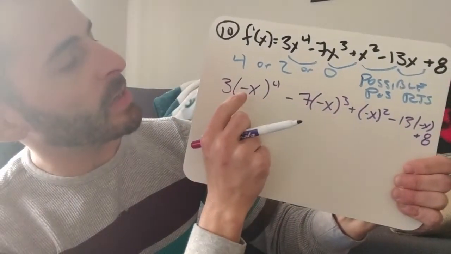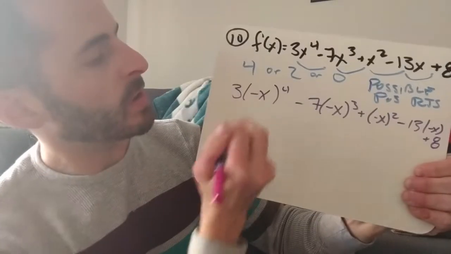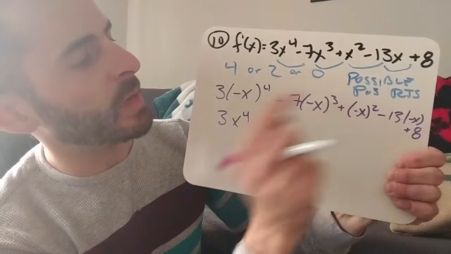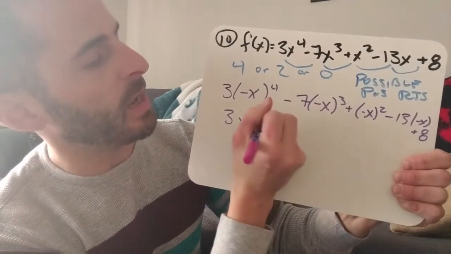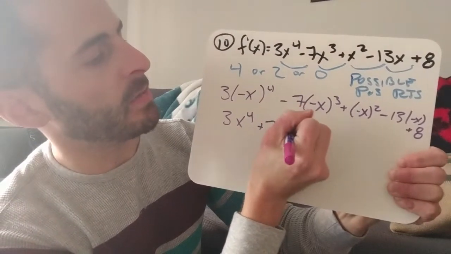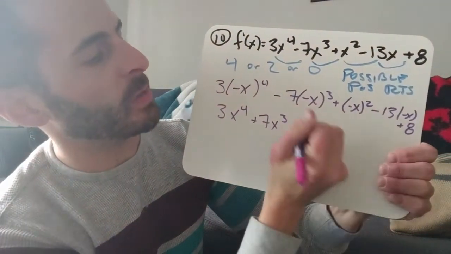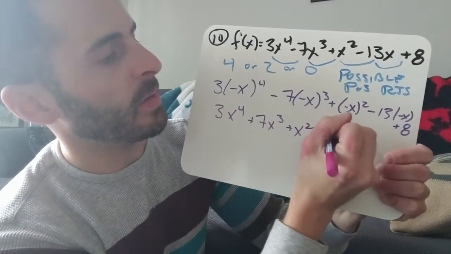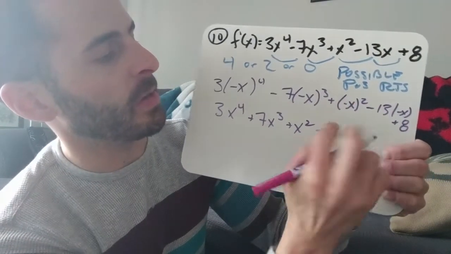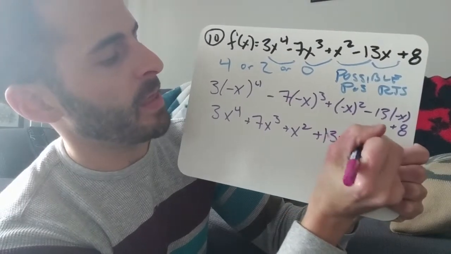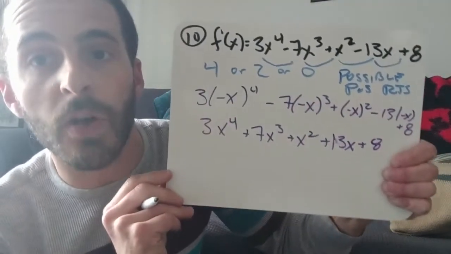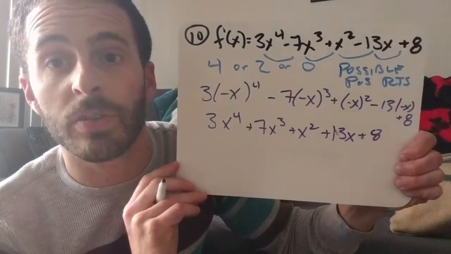Because anytime you raise a negative number to an even exponent, it is positive. But a negative to an odd is negative, so a negative times a negative is a positive. Negative to an even exponent, still positive. Negative times a negative, positive. Sorry, that's going to be a 13. And then we have plus 8. So I plugged in negative x for all my x's, and I did math to simplify it.